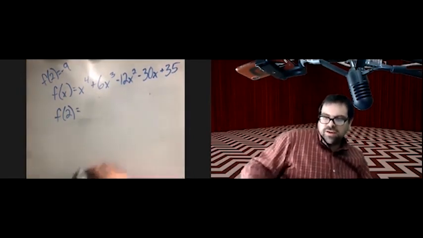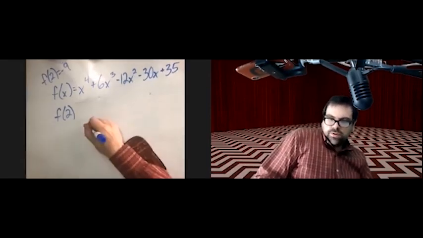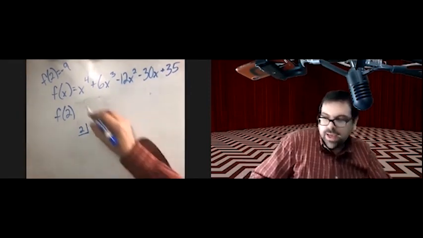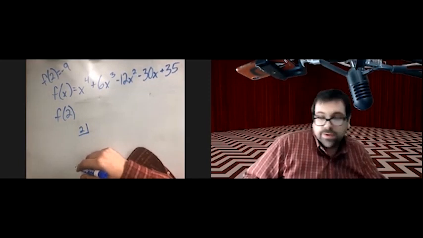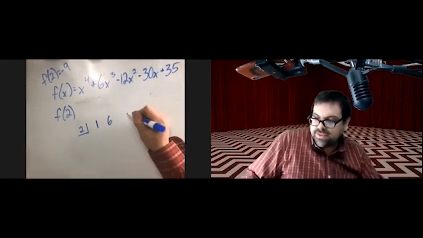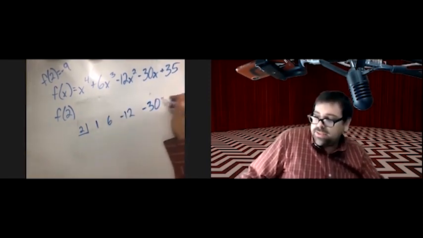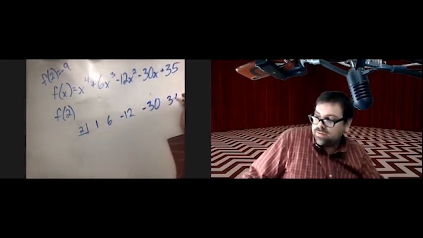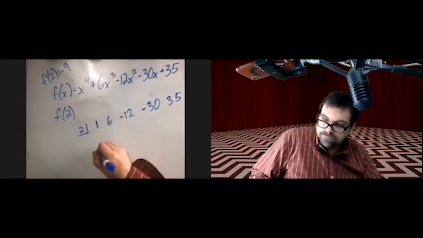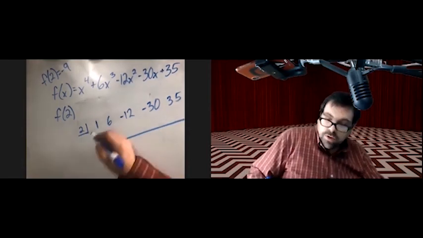If I want to find f of 2, that's going to be the remainder for when I put 2 in the box and I do synthetic division. So 1x to the fourth plus 6x cubed minus 12x squared minus 30x plus 35. Multiply and add.